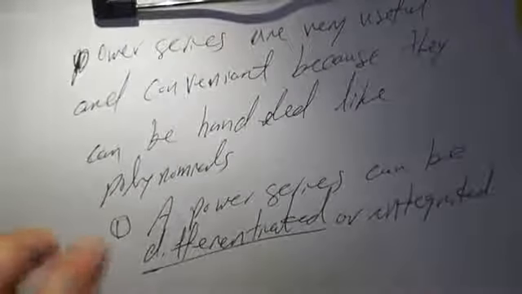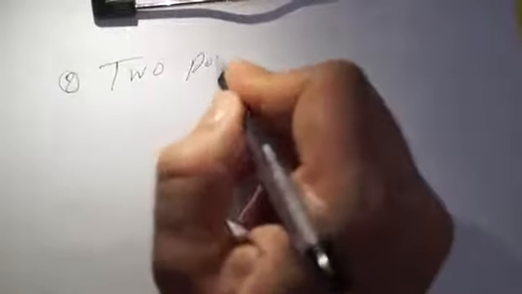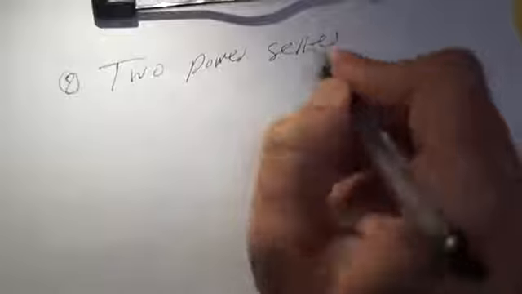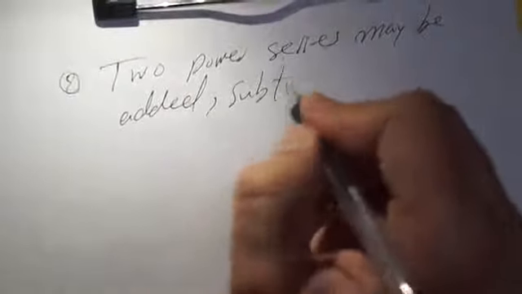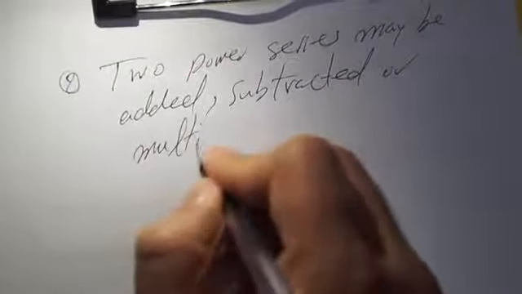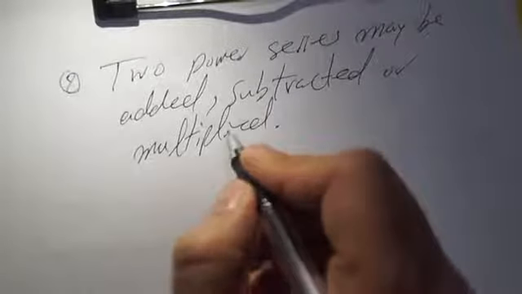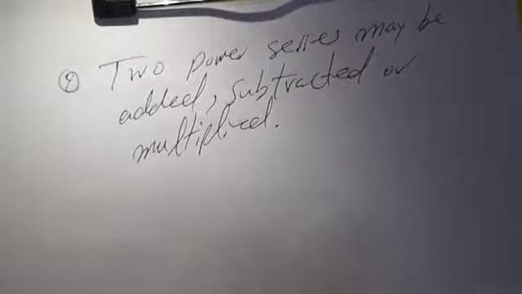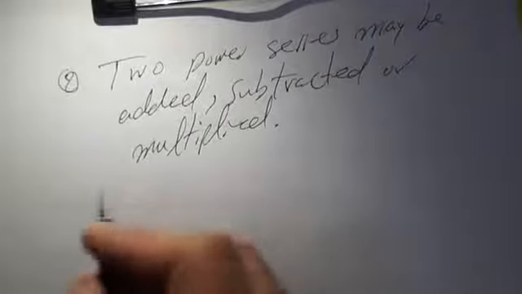Power series ممكن أن نشتقها، ممكن أن نجري عليها عملية تكامل. الملاحظة الثانية: two power series may be added ممكن أن تجمع, subtracted ممكن أن تطرح, or multiplied. لو كانت لنا two power series ممكن أن نجمعهم، ممكن أن نطرحهم، ممكن أن نجري عليهم عملية ضرب.